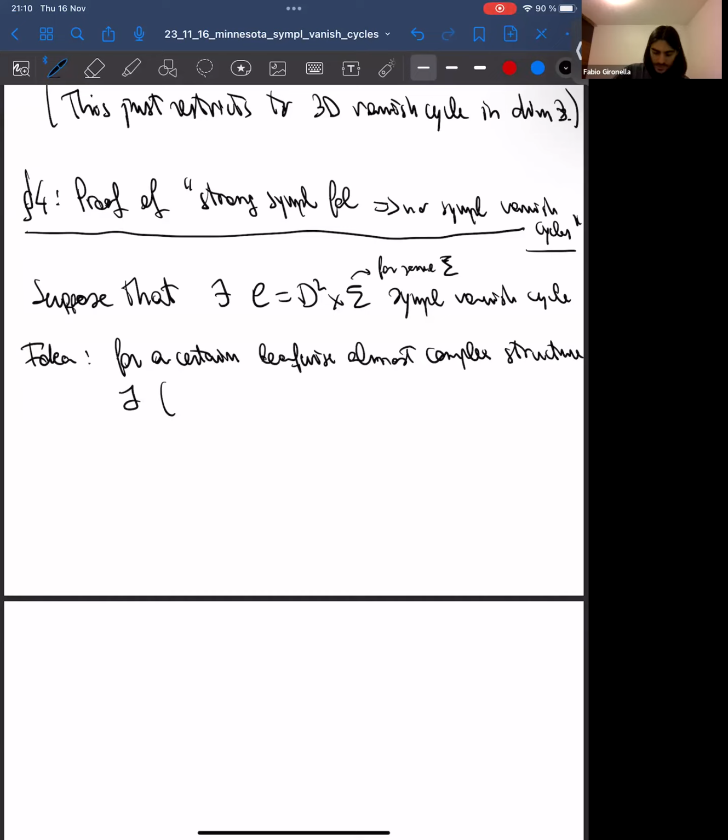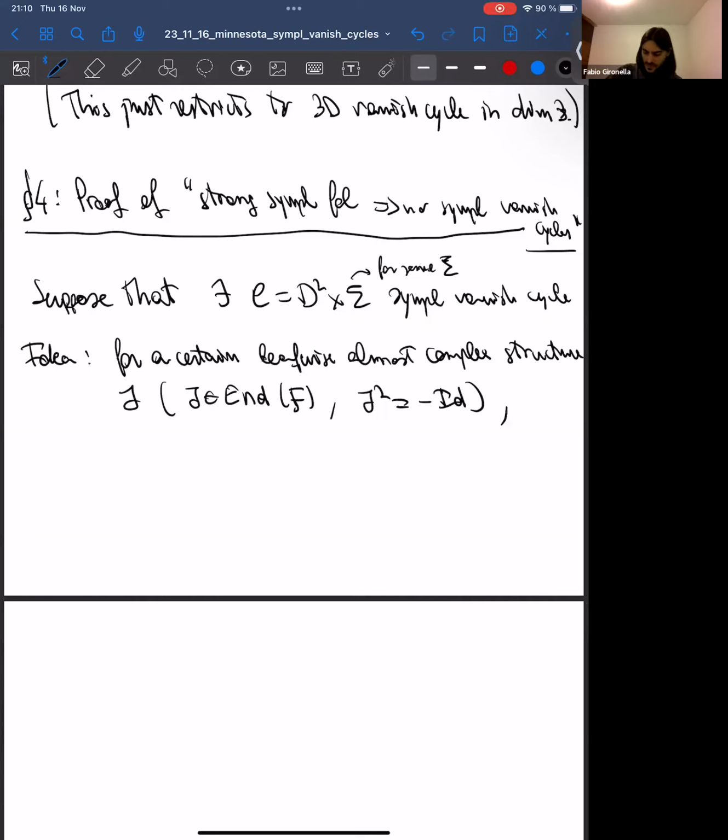Leafwise almost complex structure means that J is an endomorphism of the vector bundle given by the foliation over M, and it squares to minus the identity.